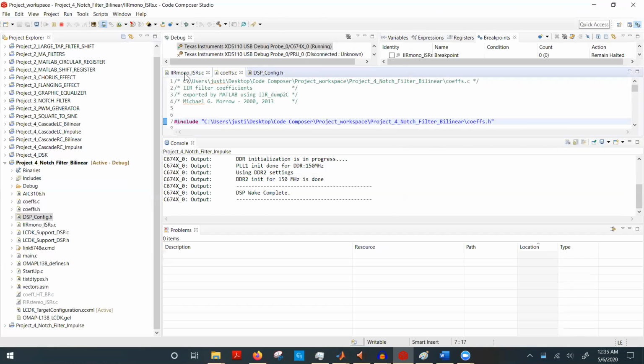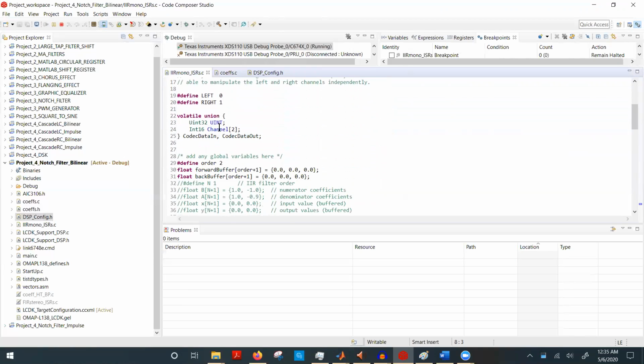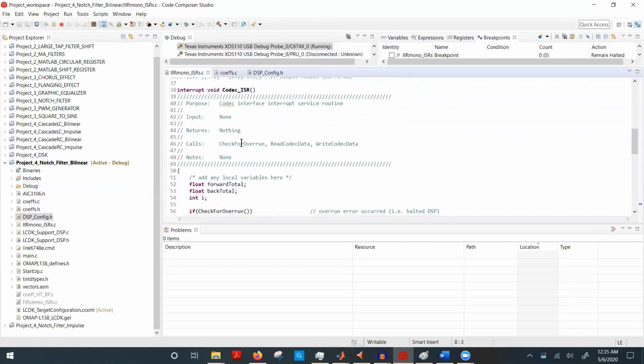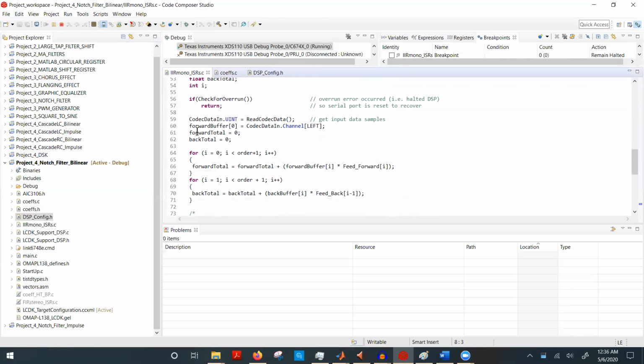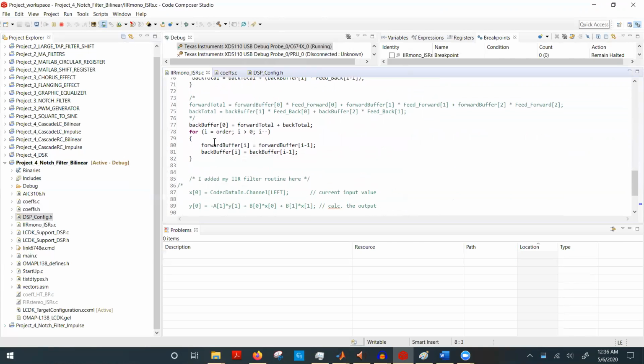So with such few coefficients, I'm allowed to be less efficient with my register, which I am, because this code is exactly the same as with the notch filter for the impulse response. I still have the same buffers. I still store the first value. I perform dot product, and then I perform feedback. I start shifting the register.